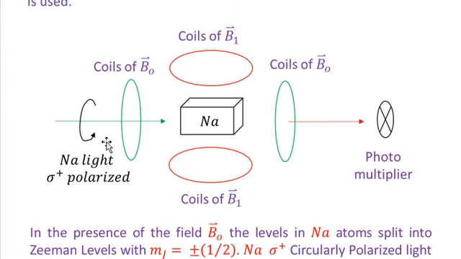A circularly polarized light, sigma plus polarized, from the sodium lamp is incident on the sodium vapors contained in the cuvette. And the light from that is incident on the photomultiplier tube. This light may be used in absorption spectroscopy.